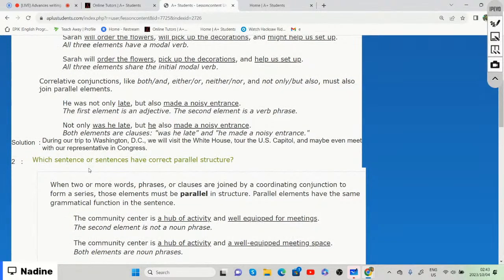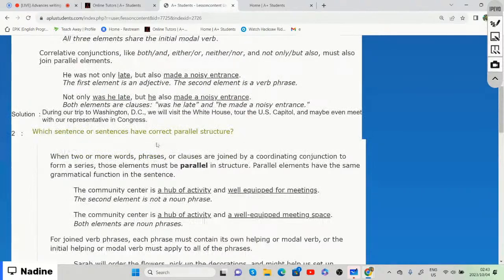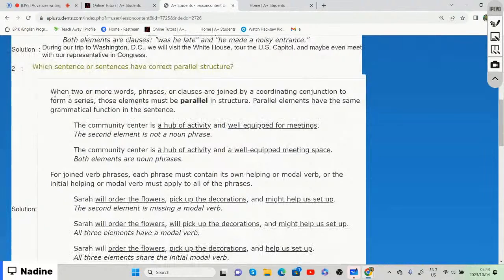So, we need to say which sentence or sentences have correct parallel structures. So we said parallel structures is when two or more words or clauses are joined by a coordinating conjunction to form a series. Those elements must be parallel in structure. And parallel elements have the same grammatical function within the sentence.